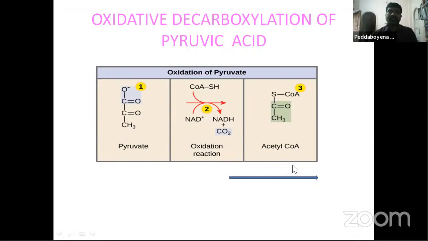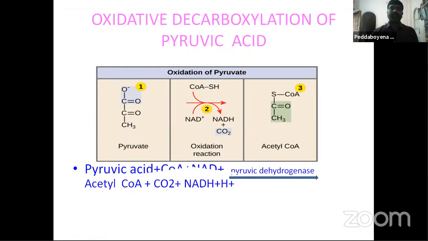So the 3 carbons of pyruvic acid are converted into 2 carbons of acetyl coenzyme A. Here you are observing it as an equation: pyruvic acid combines with coenzyme A, involving NAD plus, and results in acetyl coenzyme A, carbon dioxide, and NADH plus H plus.